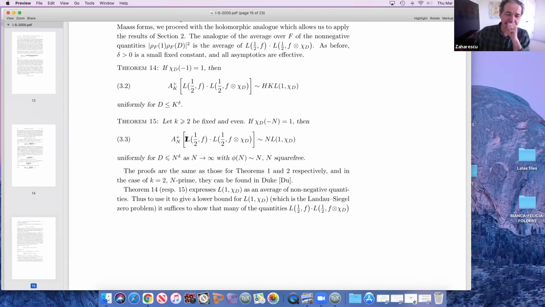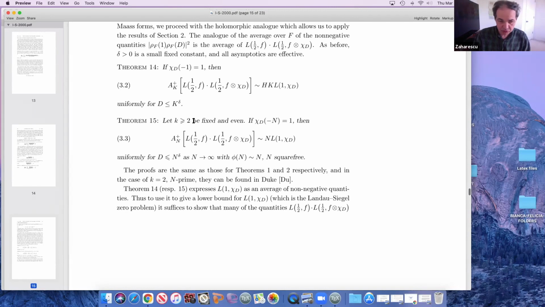So when you fix K, the weight, for instance, weight is 2 in our scenario, or the Kowalski-Michel-VanderKam scenario, and if chi_d of minus n is 1, then what this notation means in their paper is an average. Actually, it's an operator. They define that you take the sum over all f's with this property.